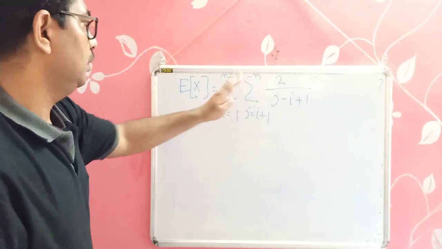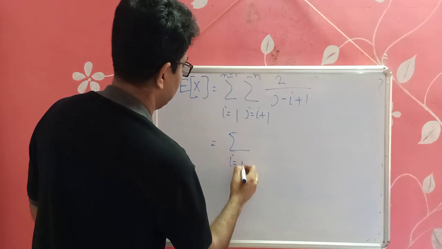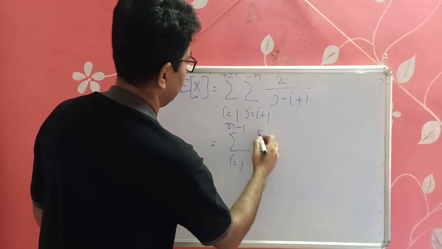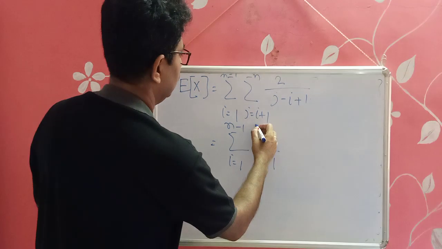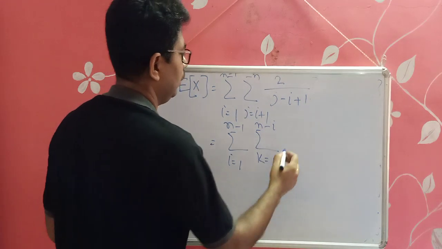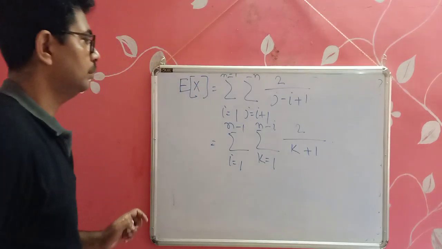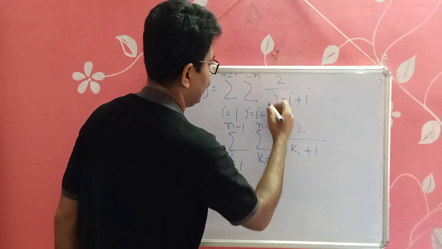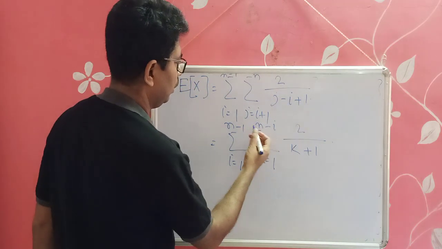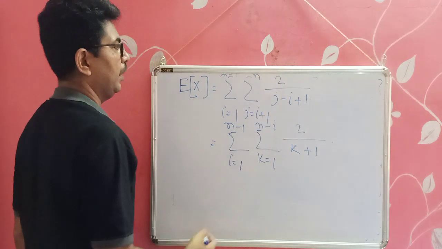By changing the limits, for i equals 1 to n minus 1, we can write k equals 1 to n minus i of 2 by k plus 1. We have considered j minus i equals k, therefore j minus i goes from 1 to n minus i.